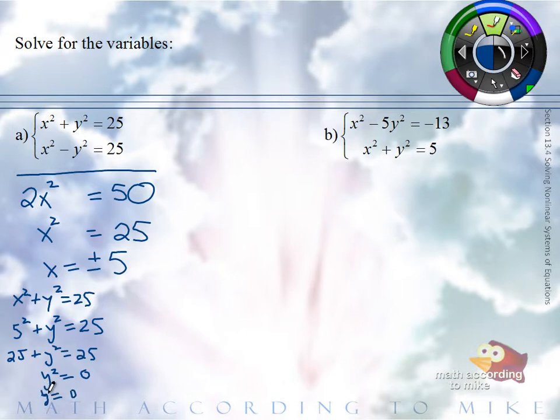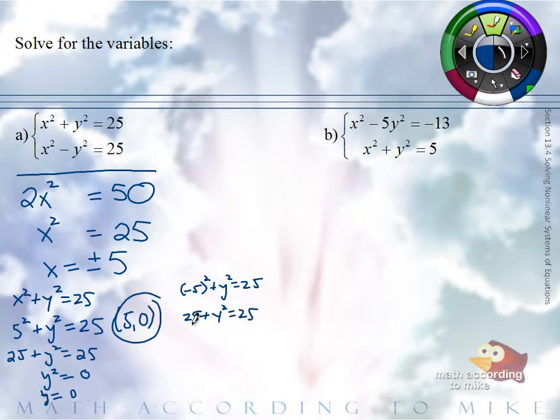So what ordered pair is that? X comma y. 5, 0. And now we're going to put in negative 5. Well, negative 5 quantity squared is positive 25. So doing the same work, we also get y to be 0.